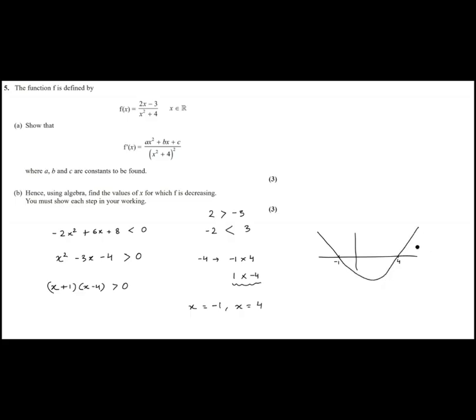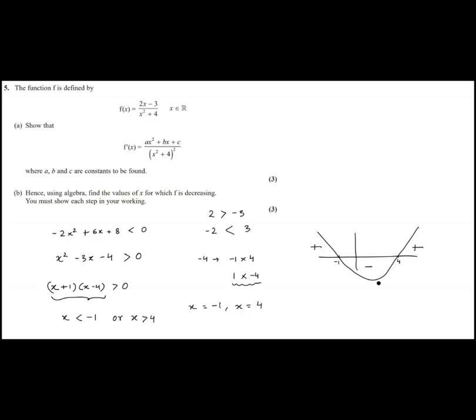Anything above 4 will be positive, anything in between minus 1 and 4 will be negative, anything below minus 1 is positive. So we want this to be positive. That means when x is either less than minus 1 or x is greater than 4, that will give you the product of these two factors greater than 0.